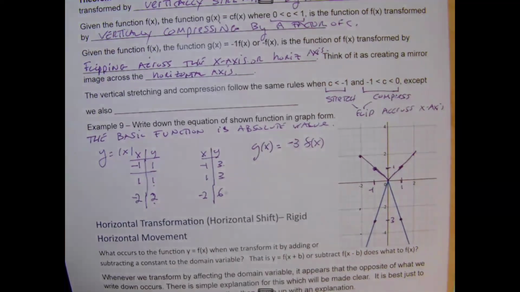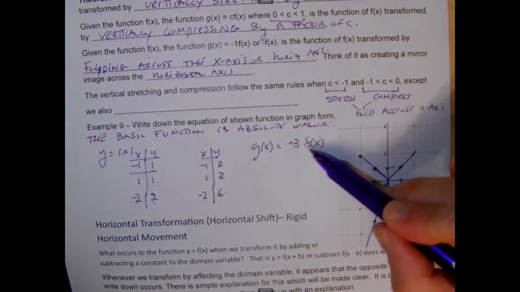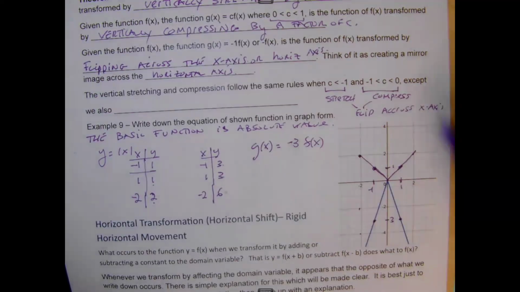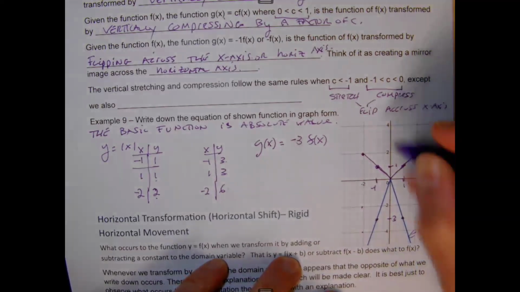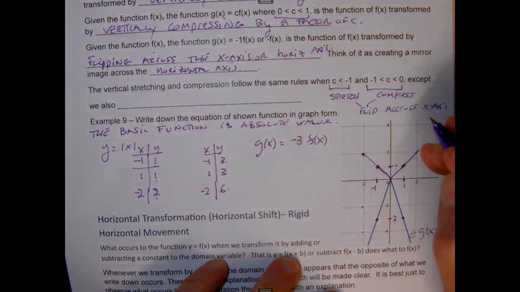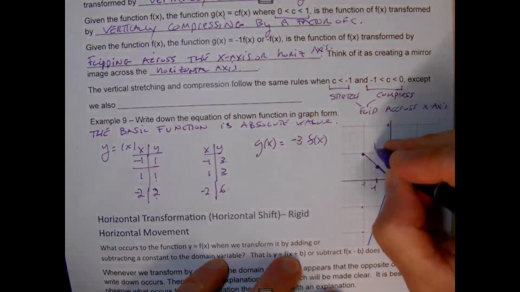So I take the old function, multiply it by -3, and that produces this g of x. So here's my g of x. And this is the original, which I'm going to call f of x.